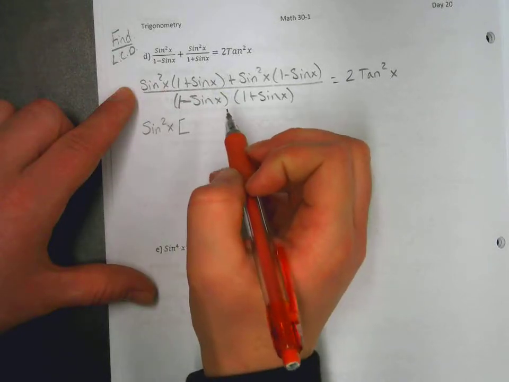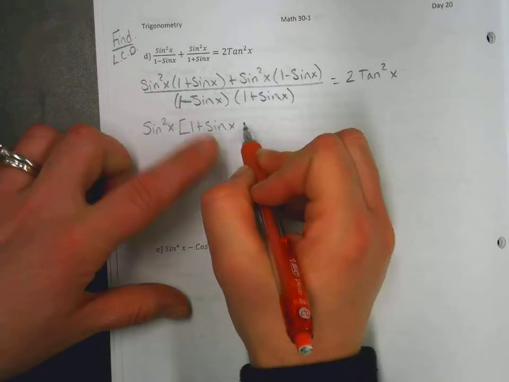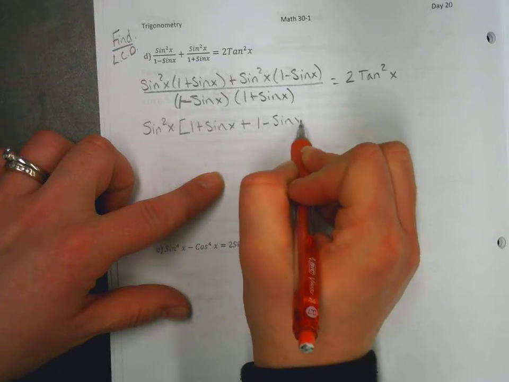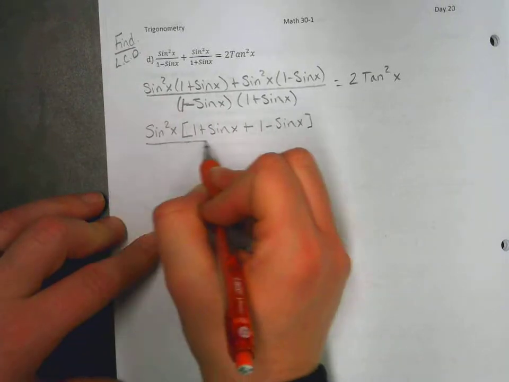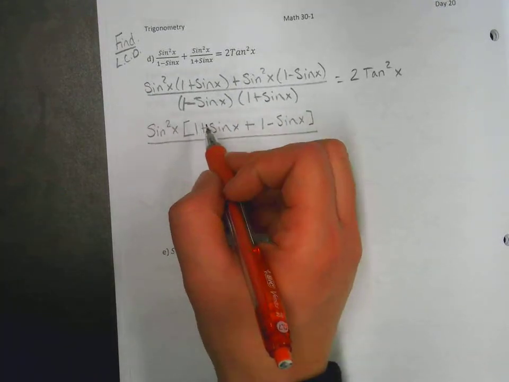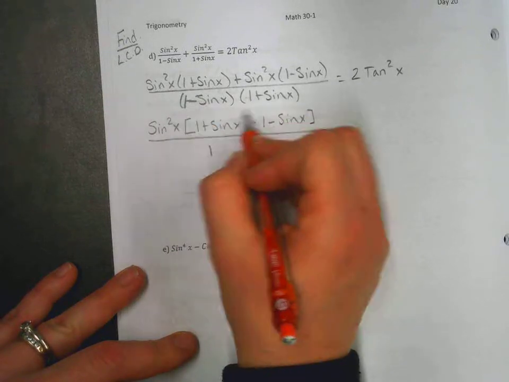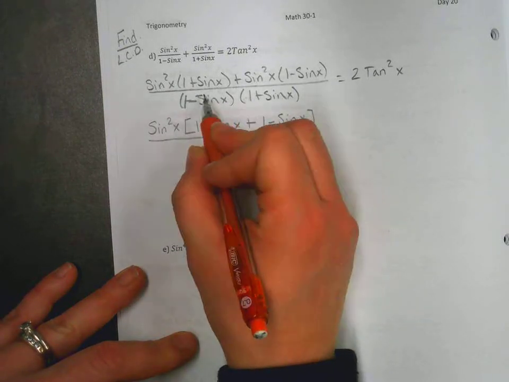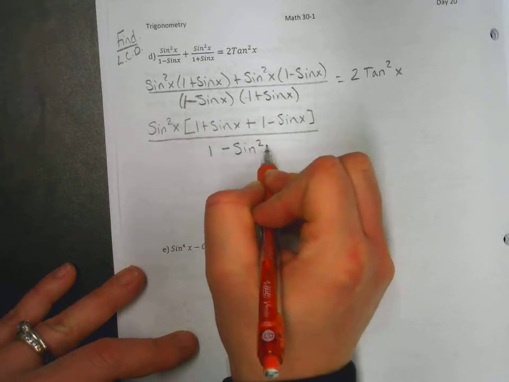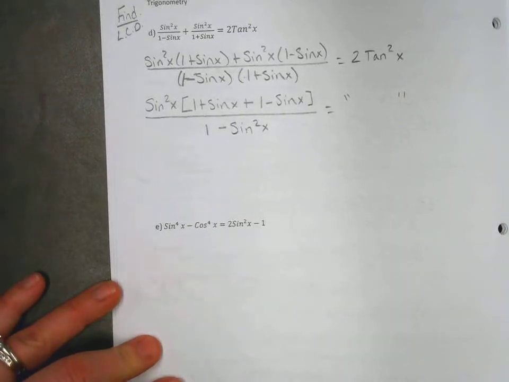What I'm left with in my square brackets would be 1 plus sine of x plus 1 minus sine of x. And then in the denominator, I'm going to expand this out. So FOIL: first times first is 1, outside is plus sine of x, inside is negative sine of x, so those end up canceling. And then last times last, I get a negative sine squared x. And then this is 2 tan squared x.